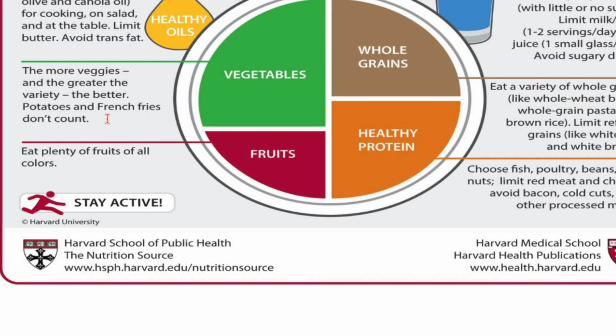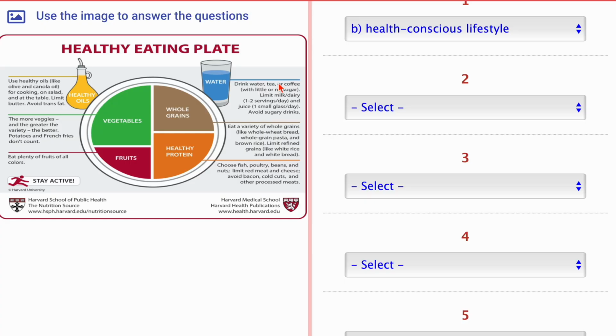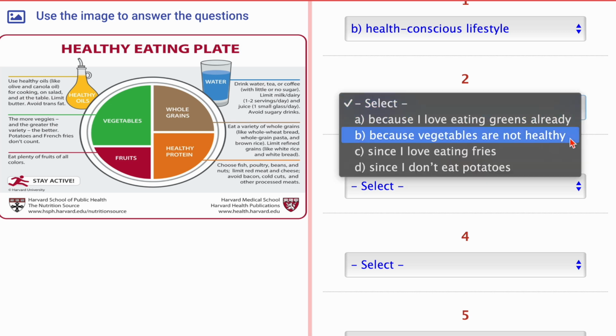Potatoes and French fries don't count. So then the answer is not D, because potatoes don't count means they're not really vegetables, but I don't eat potatoes is not a negative here.